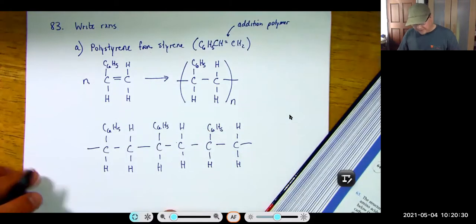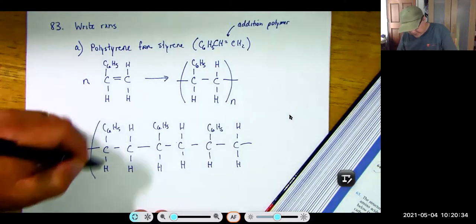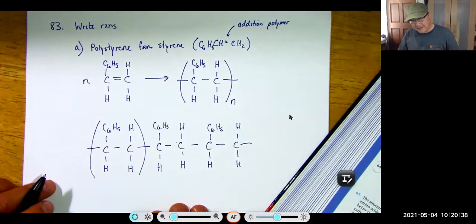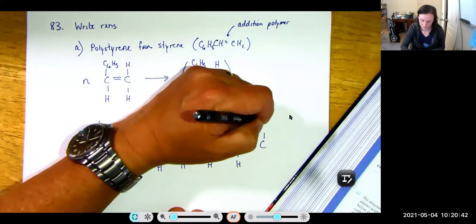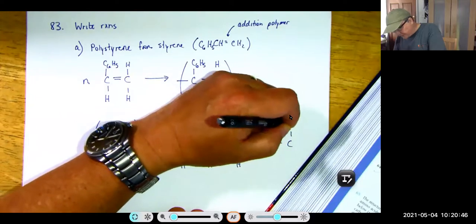So I want to show you something that's kind of interesting. Do you see how this is the repeating unit again and again and again? Yes. I'm going to add a 4th one here. And you'll see why in just a moment.